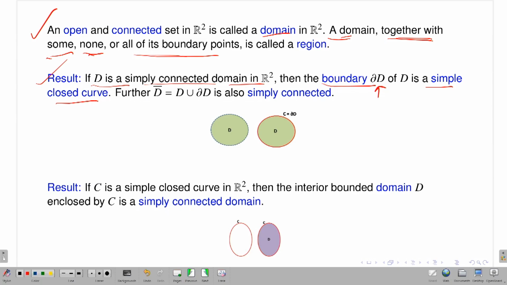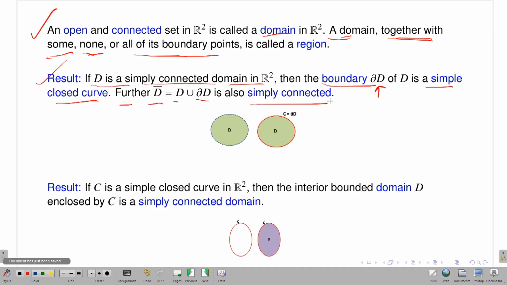So if I start with a simply connected domain in R2 and look at the boundary of this domain, it becomes a simple closed curve. Further, if I take the union of my domain D along with all the boundary points, that means the union with del D, then the new set, which I denote as D closure, that means the set along with all boundary points, is also simply connected.